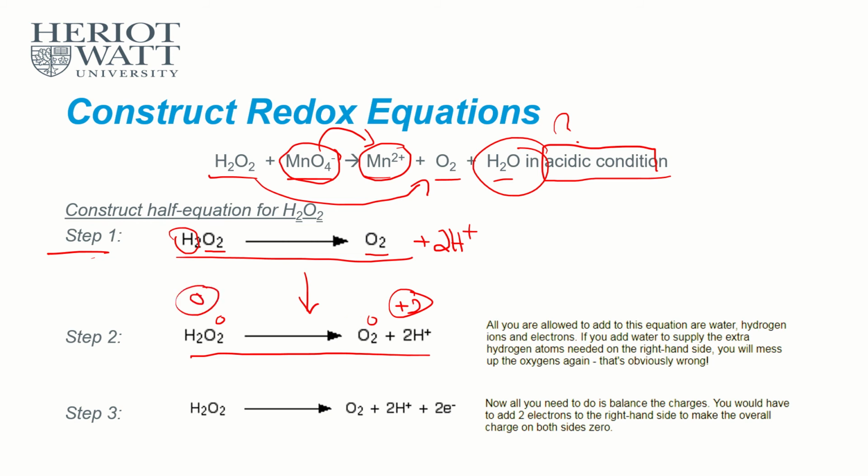To balance the charge, you must make sure both sides are the same. Now we have positive on the right, 0 on the left. So how do we balance it? By adding electrons. Electrons are negatively charged. So where should I put the electrons so that both sides have the same charge? I put them on the right, because 2 positive and 2 negative cancel out. So both sides now have 0. And that's how we get the third equation.